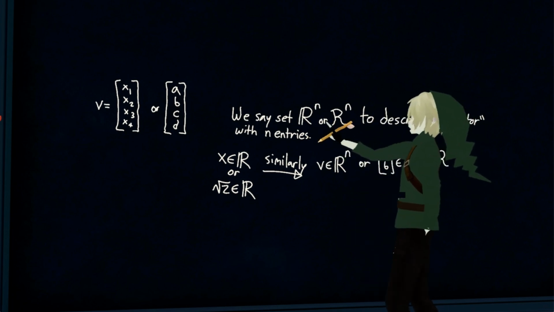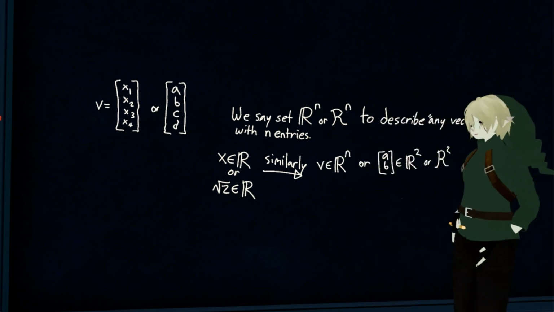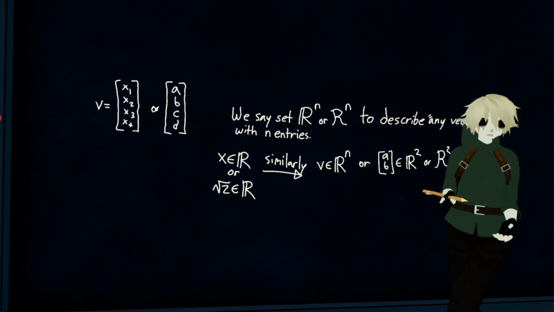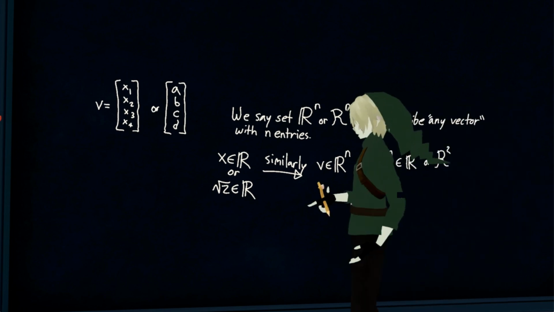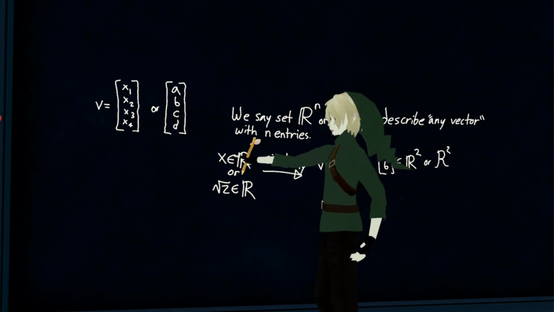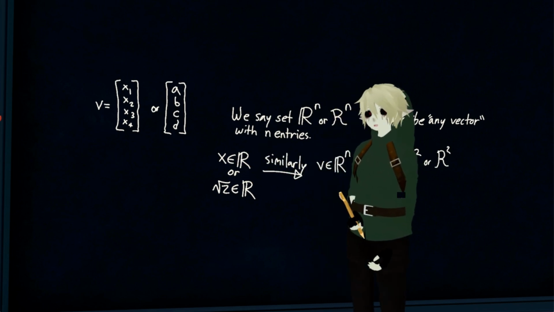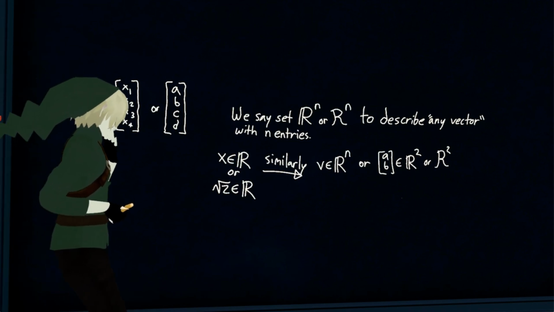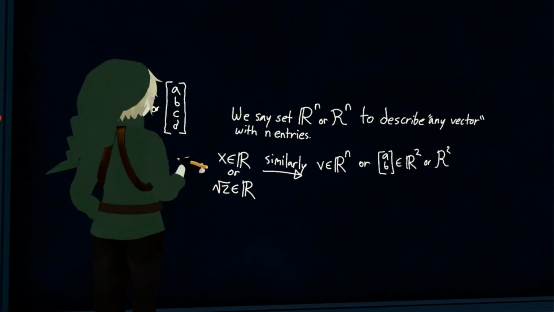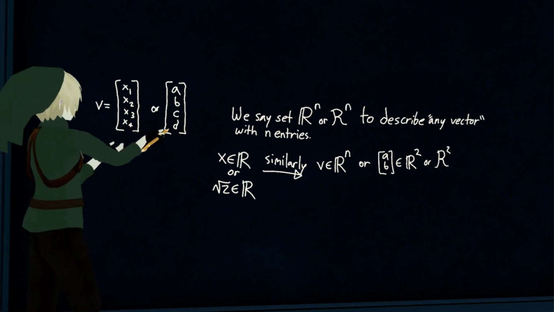So if you ever see this, don't be intimidated by it. That's just what it means. It's just to specify what kind of vector it is, kind of like how we specify what kind of number that variable represents. Okay? All right. So for example, what kind of vector is this?